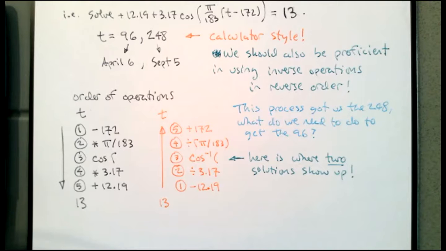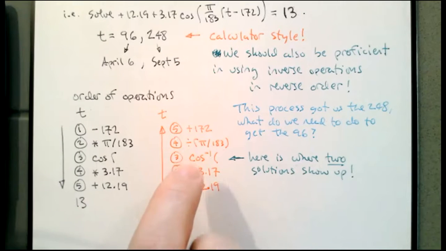If you start with bare feet and do plus sock, then plus shoe, you end up with feet and shoes and socks. If you want to get back to bare feet, you have to perform inverse operations in reverse order. First you subtract shoe, and then you subtract sock, then you're back at bare feet. You can't subtract socks first and then subtract shoes.